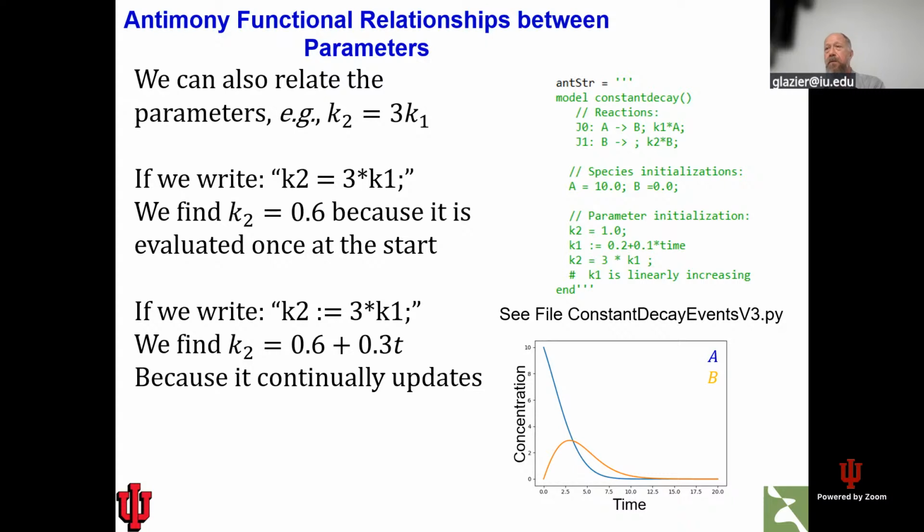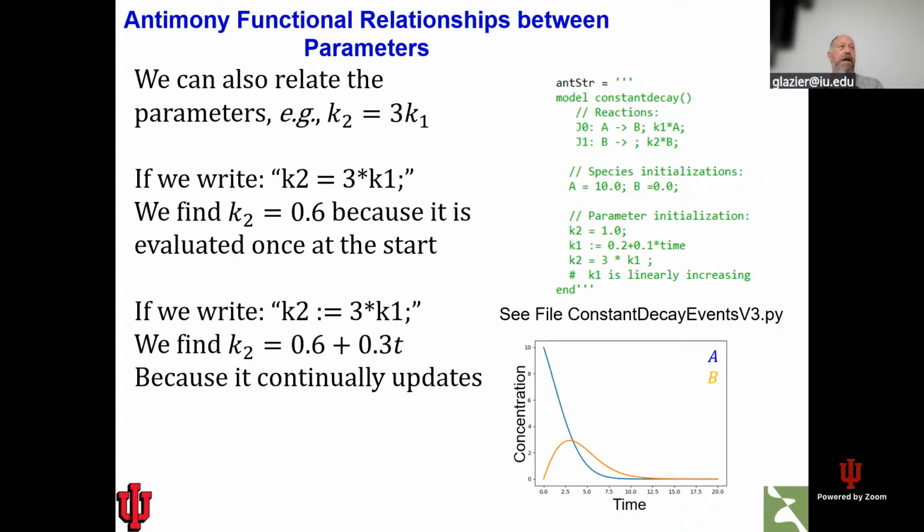And so if I want to be able to do scaling of parameters and control that scaling from Python, which I often do, then I have to declare K2 colon equals 3 times K1. And then when I change the value of K1, K2 will update automatically. And so that one is actually a little bit confusing sometimes.